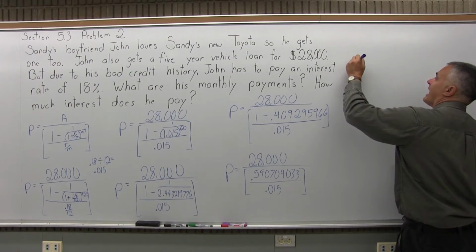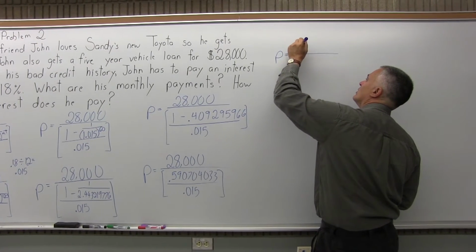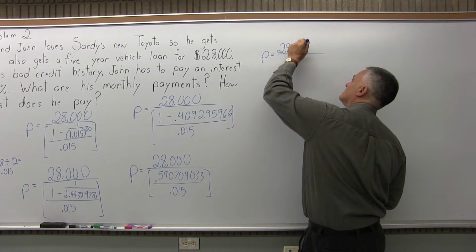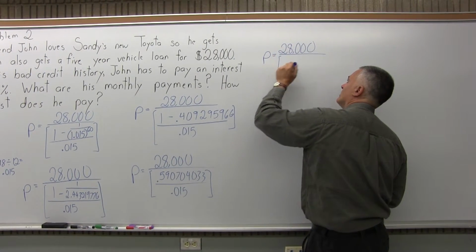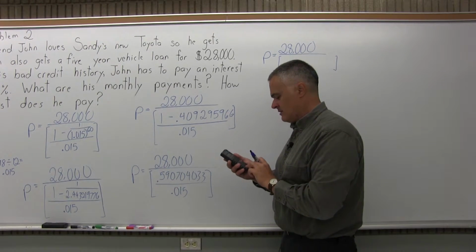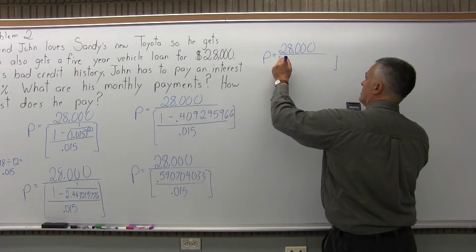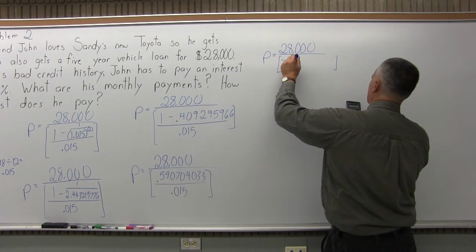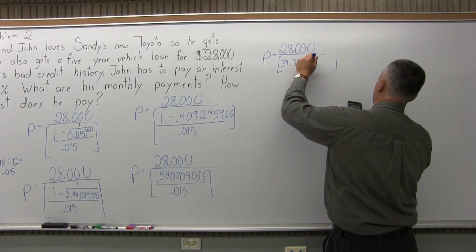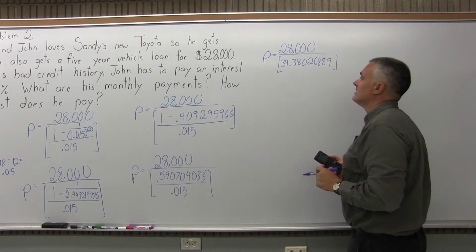So when I do that, I have P equals 28,000 over some brackets with just 1 number in it. And that 1 number is 39.380268889.